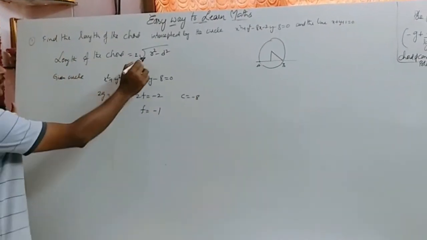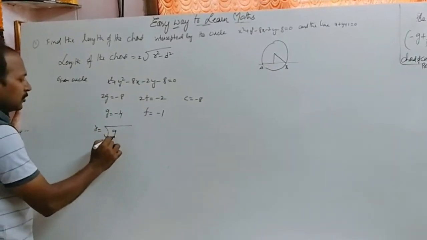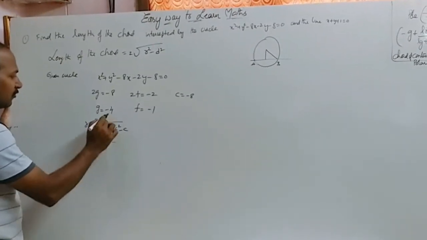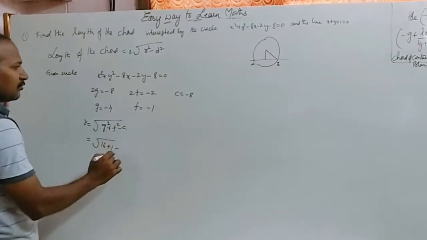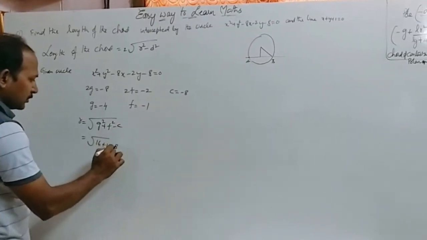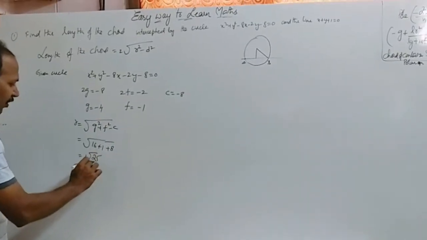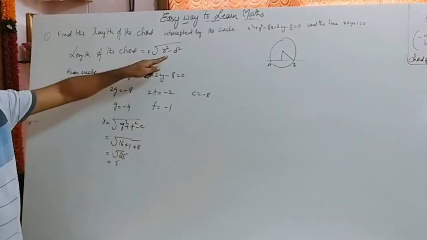Now let us find the value of r, where r is the radius, is equal to root of g square plus f square minus c, that is equal to root of 16 plus 1 minus of minus 8, that is nothing but plus 8. Therefore that is equal to root 25, which is equal to 5. This is the radius.